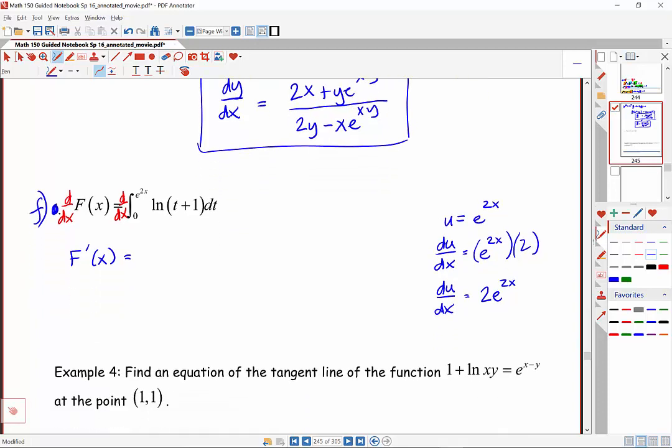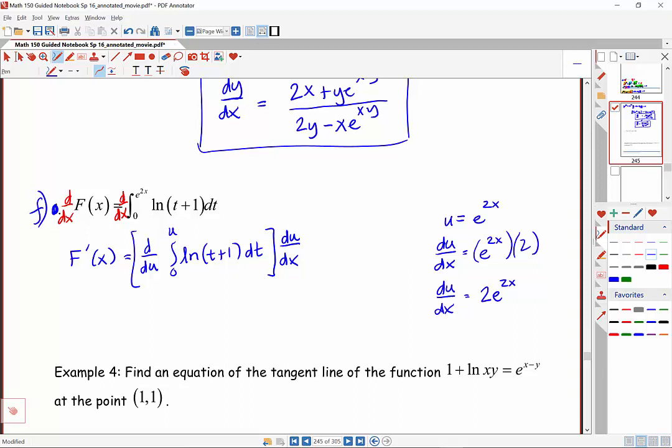So what we'll have is d du of the integral from 0 to u of natural log of t plus 1 dt, and all of this is going to be multiplied by du dx.